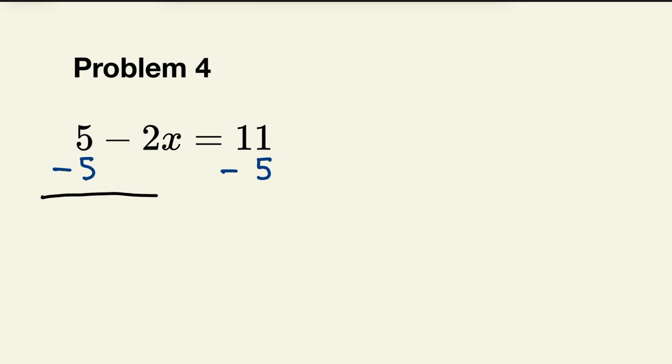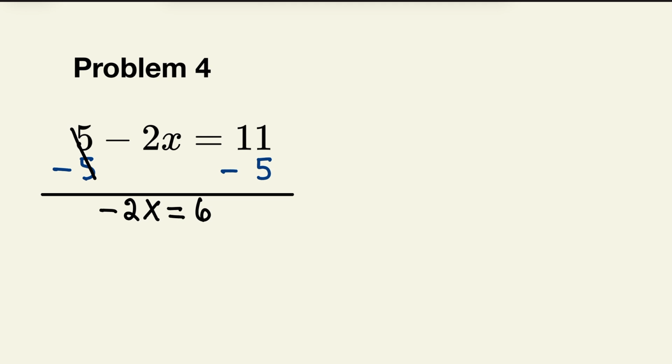On the left, we are left with negative 2x because the 5 minus 5 cancel out. It's just simply 0. Negative 2x equals 11 minus 5 is 6. Notice that we are multiplying by negative 2.